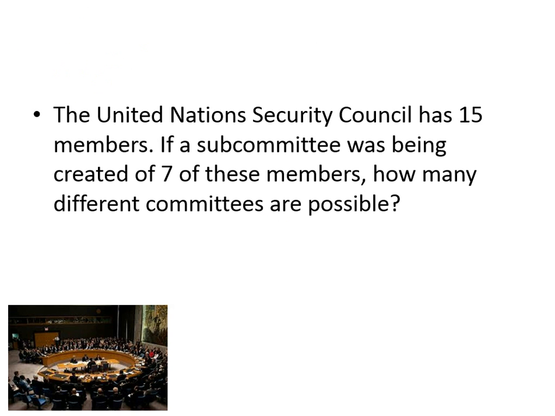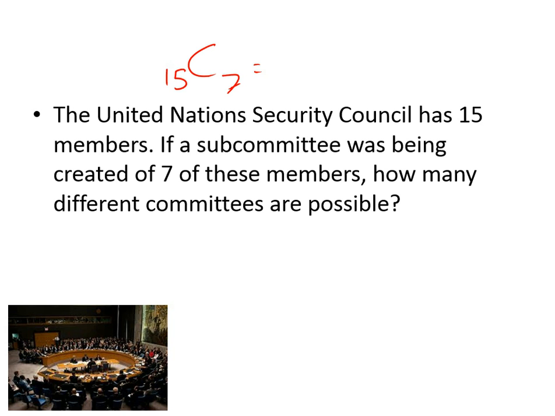Okay. All right, so here's an example where you can use a combination. So the National Security Council at the United Nations has 15 members. If they want to create a subcommittee, okay, of 7 members out of those 15, how many different subcommittees could be created from those 15 nations? And so since we're using a combination, it'd be 15C7.